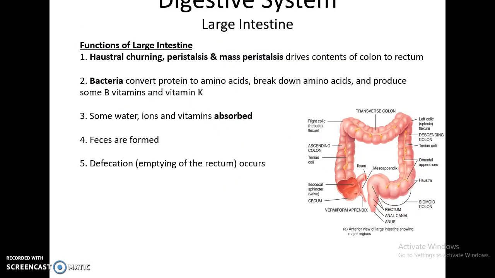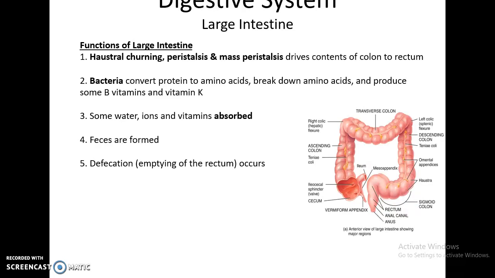Function of the large intestine: haustral churning, so the material is being moved back and forth between haustra. Haustra are these individual pouches of the large intestine. Peristalsis to move it along the large intestine, and mass peristalsis to move it quickly along the large intestine. The large intestine also has many varieties of bacteria, which are very useful and helpful for us.